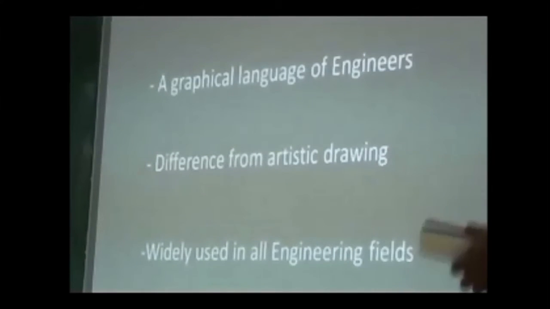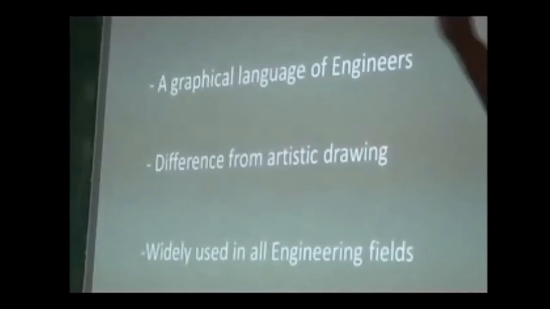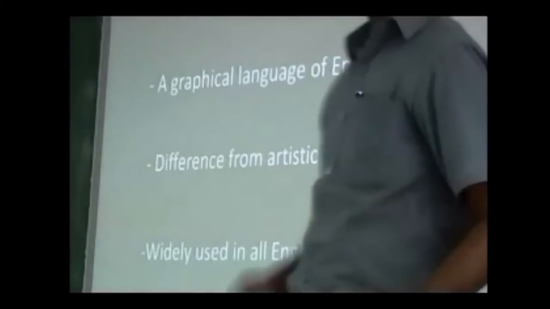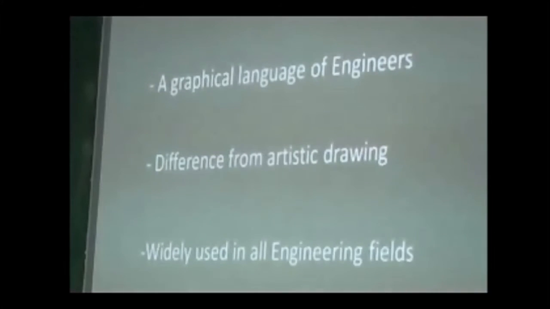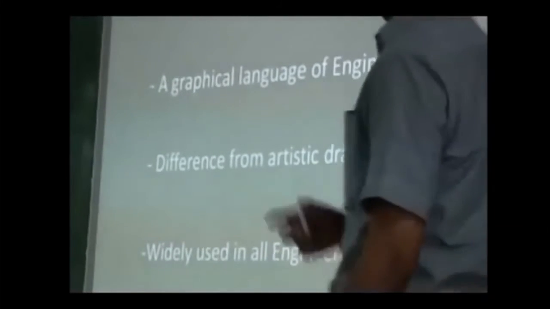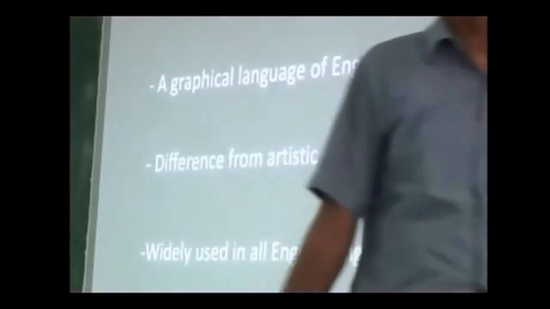As far as a mechanical engineer is concerned, any component, any real-life component, will be realized only if you have the drawing of that component, right? If you have the technical drawing, the engineering drawing of that component, then only it can be made.